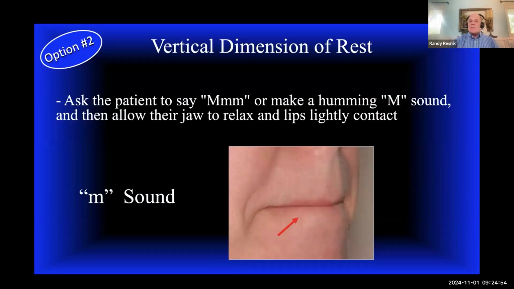There's other options. The M sound is used a lot, where you hum the M sound, and the theory is when patients utilize the M sound, it relaxes their lips and their jaw muscles, and this puts them into a state of relaxation, and this gives us our measurement of vertical dimension of rest.